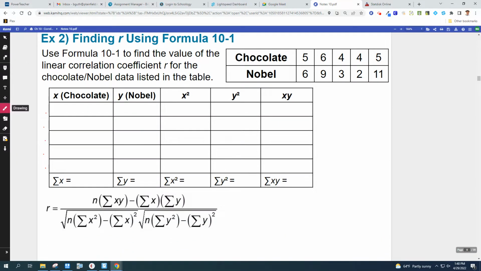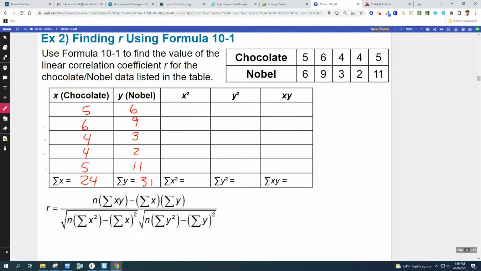So, X numbers. And then sigma X is just sum up those numbers. Add up those numbers, you get 24. The Y numbers: 6, 9, 3, 2, 11. And sigma Y, add them up, we get 31.